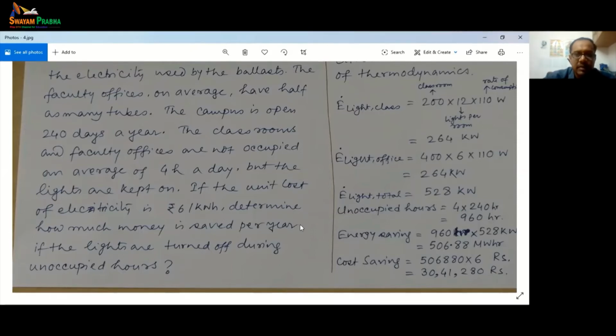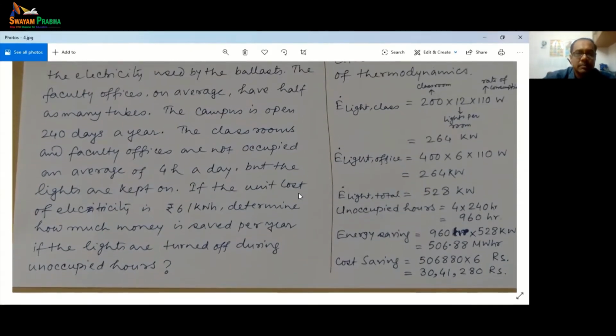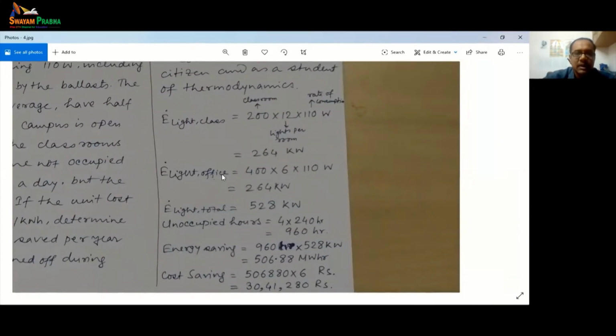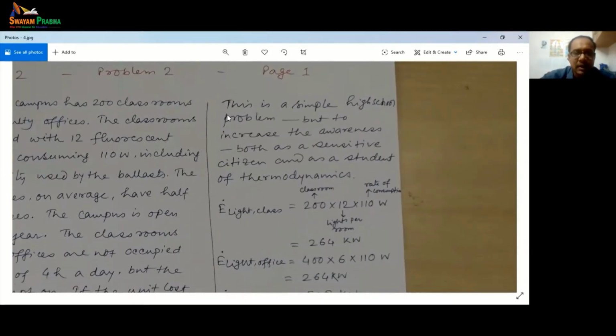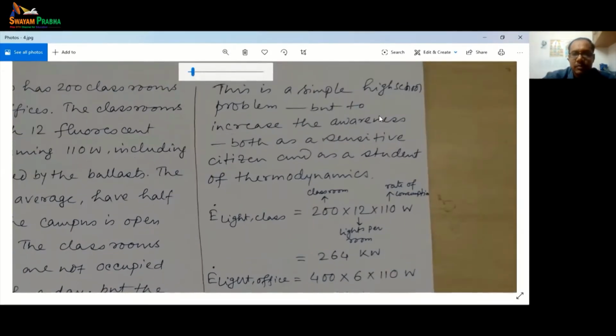It's typically the average value at this moment throughout India. Now determine how much money is saved per year if the lights are turned off during unoccupied hours. So nobody is getting affected. You are just turning off the lights when nobody is occupying that room. That's fair enough, right? So let's see in terms of calculation.